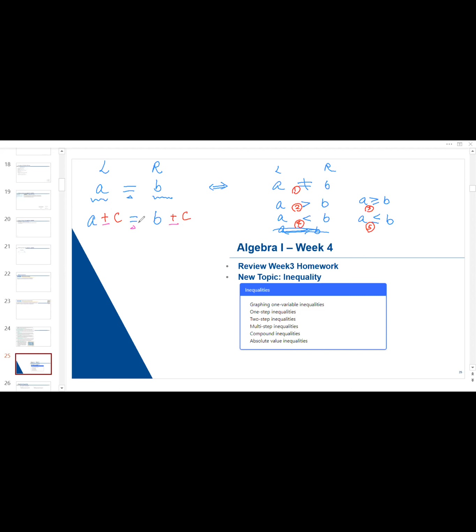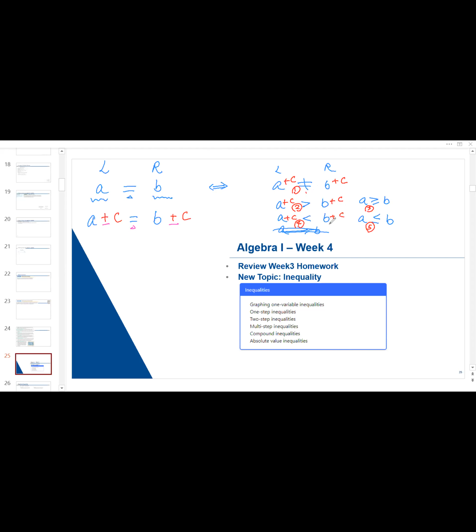All right, the same thing here. When both sides plus the same number, they are still not equal to each other. When A is greater than B, both sides plus the same number, the left is still greater than the right part.